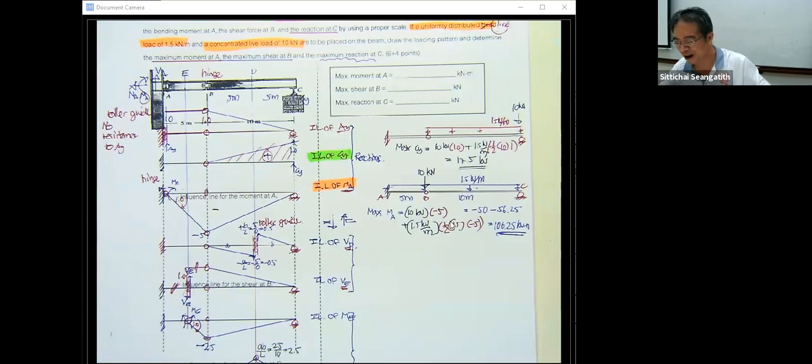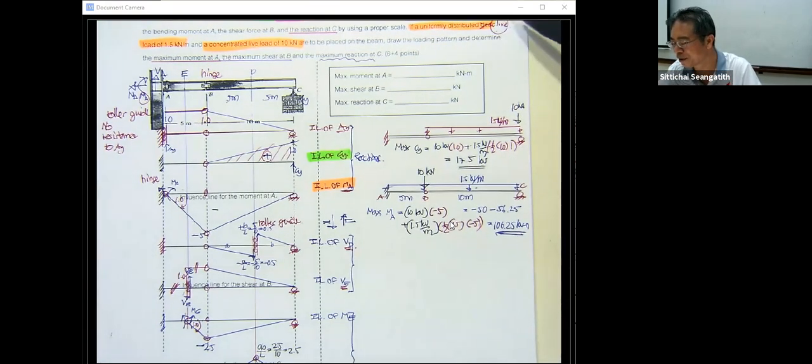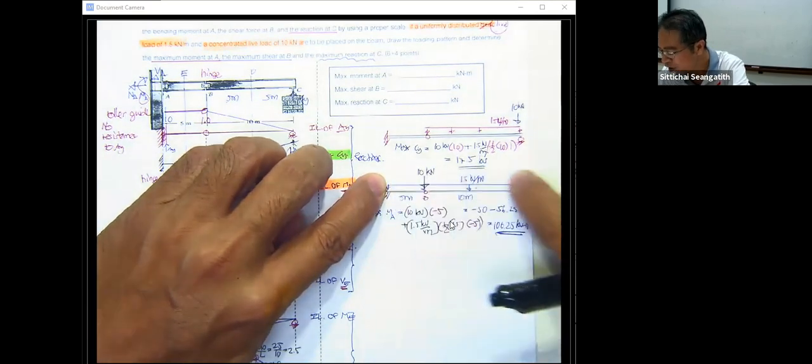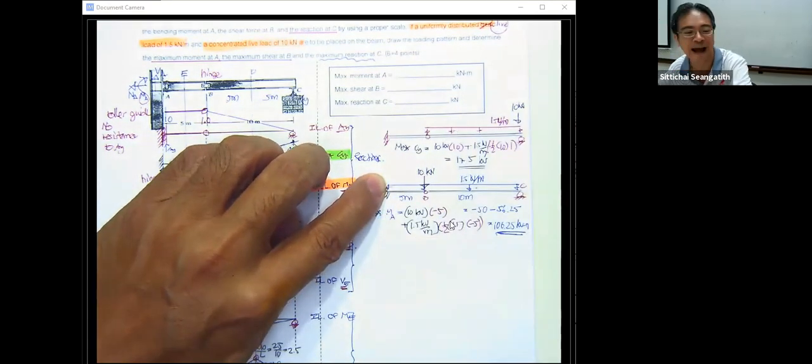Okay, this is a kind of example of the examination, and I can do something different by putting uniformly distributed dead load into this problem with 1.5. If there is another 1.5 kilonewton per meter dead load, just put 1.5 across all the beam and do the calculation.